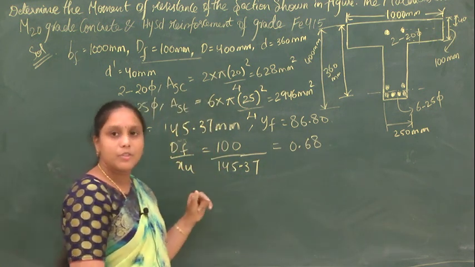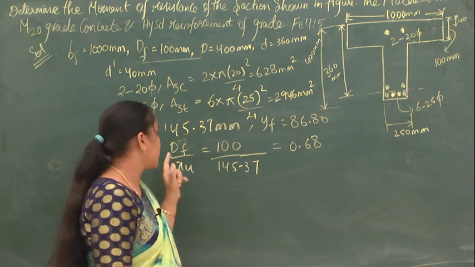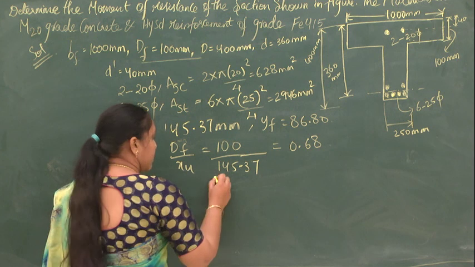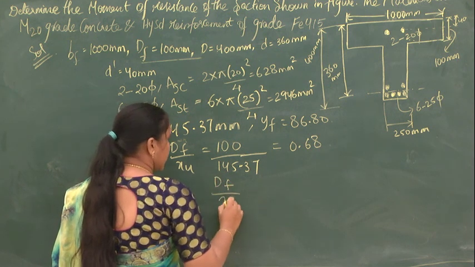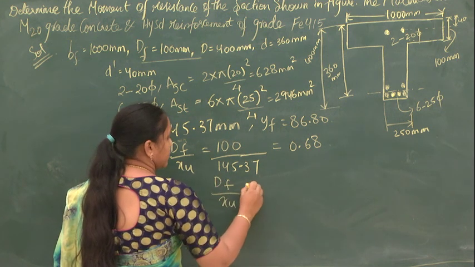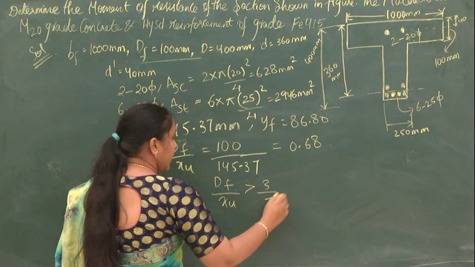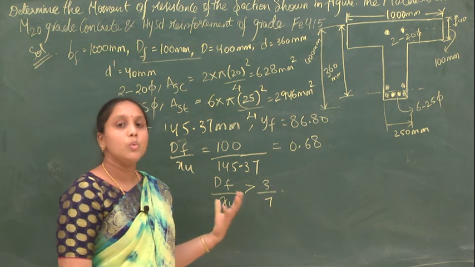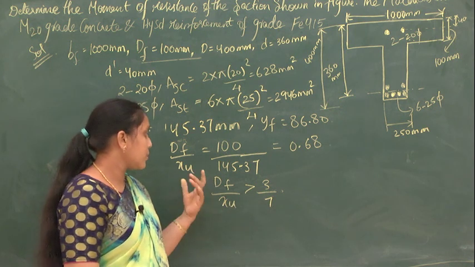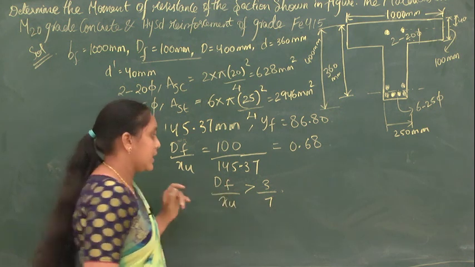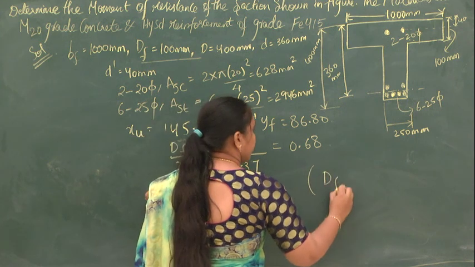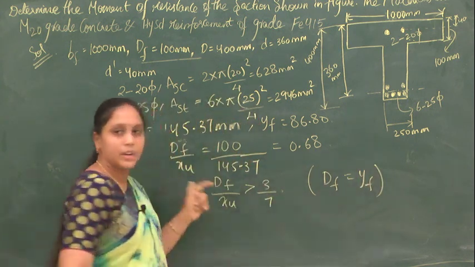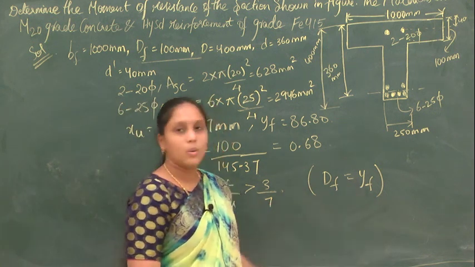What is the value of 3/7? It is 0.43. So the DF by XU value is greater than 3/7. If this condition holds, we have to replace DF with YF. So DF will be equal to YF. Wherever you find DF, you have to substitute YF.